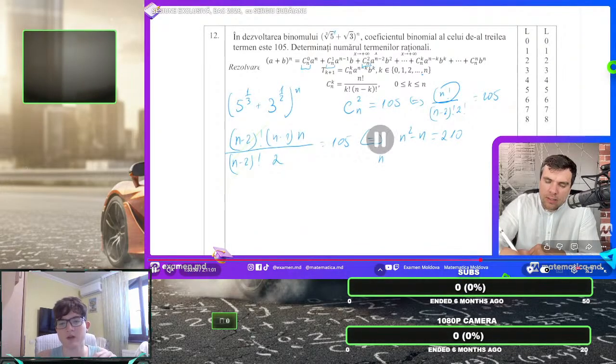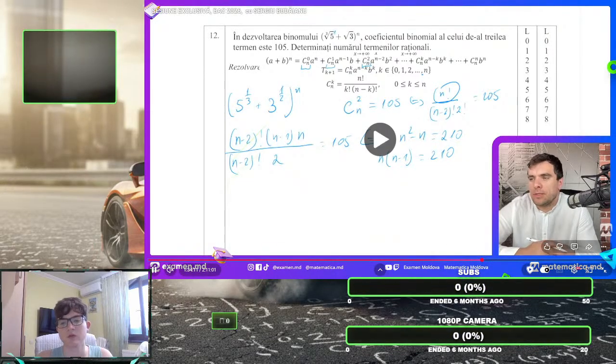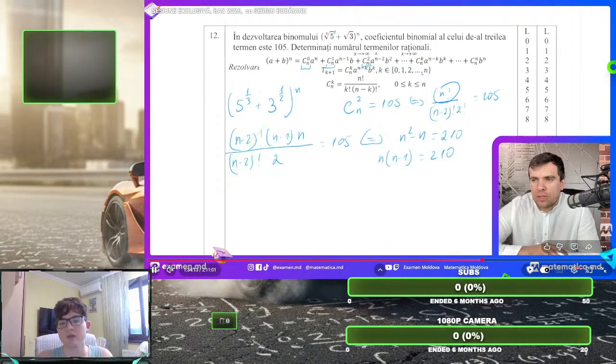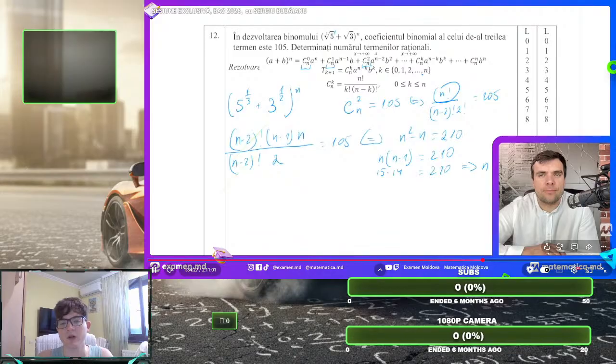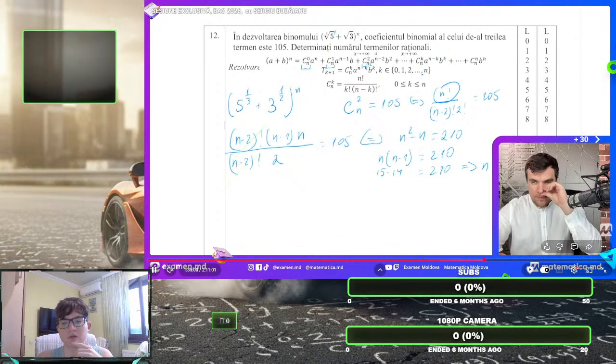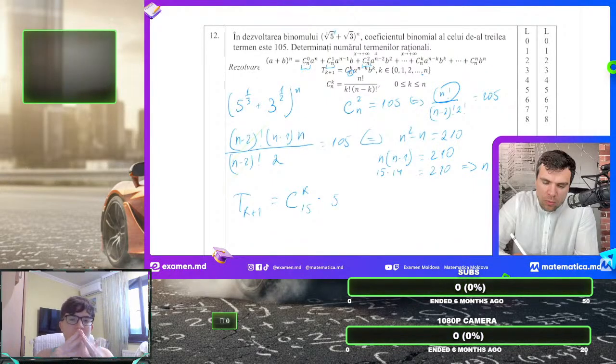If you crisscross it and do everything in the best way, you're gonna move the minus 210 to the left, or this guy will go with factorization, and is 210. What's it gonna be? 15 times 14 is 210. Yeah, that's correct. He left it like this for now for some reason.